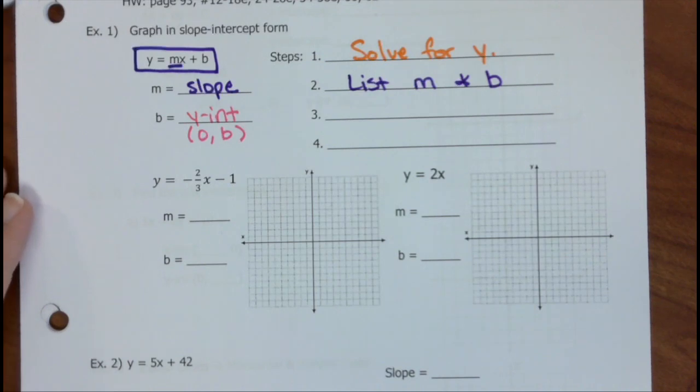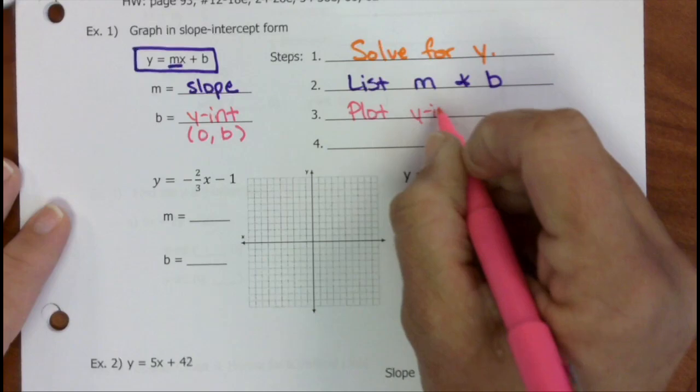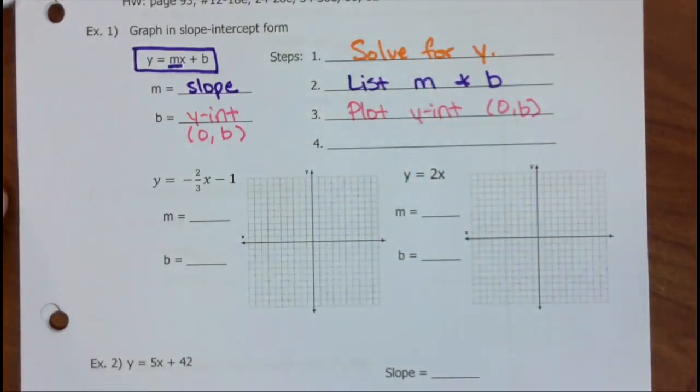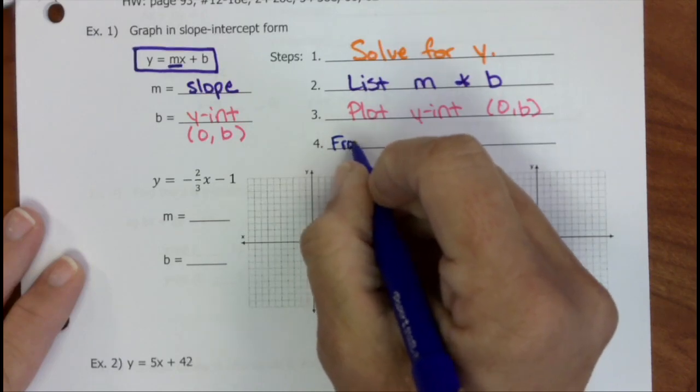So m equals, b equals, just like what you see here. The third step will be to plot the y-intercept. I mean, literally graph it. And if it's a y-intercept, guys, it should be on the y-axis, right? Like that's the definition.